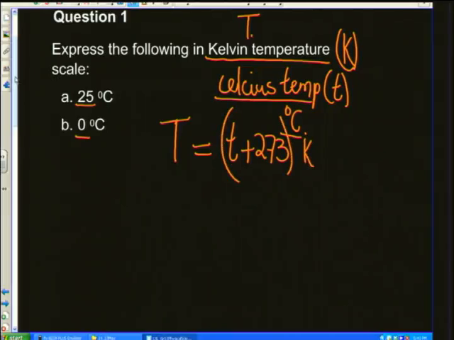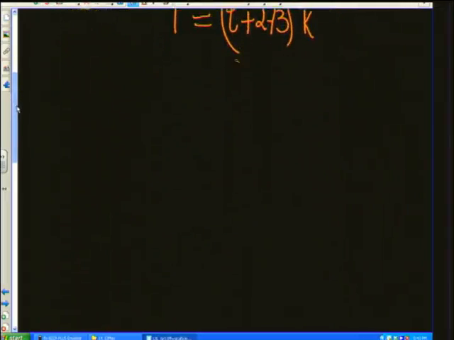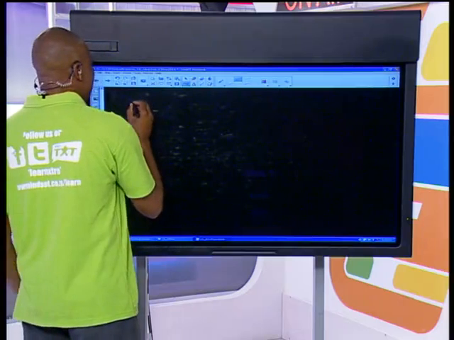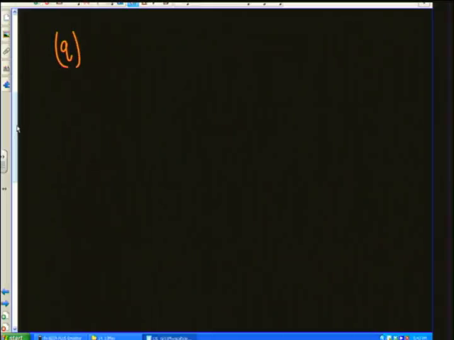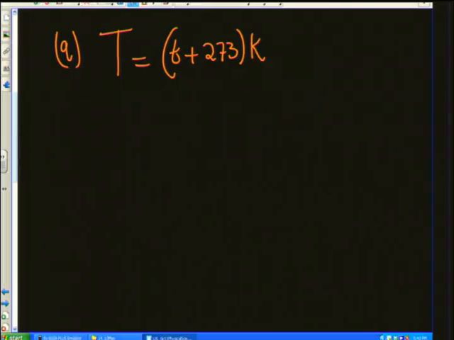For the first question, 25 degrees Celsius, Kelvin temperature equals Celsius temperature plus 273.